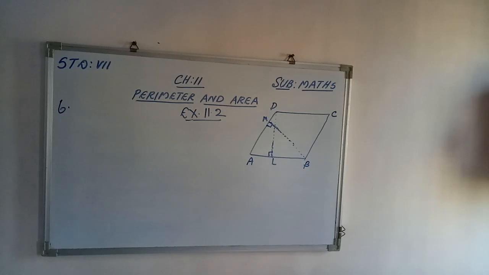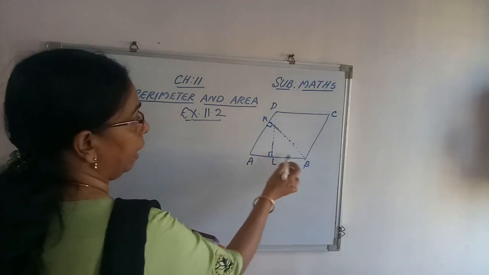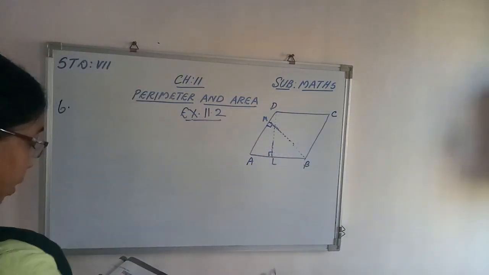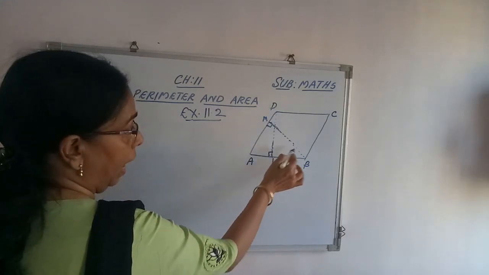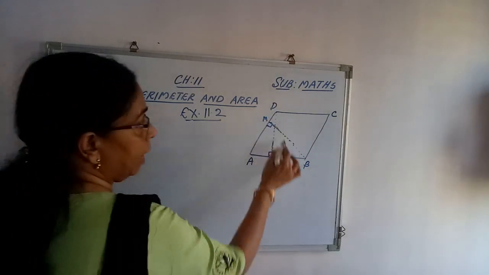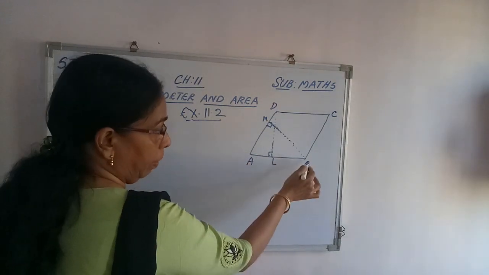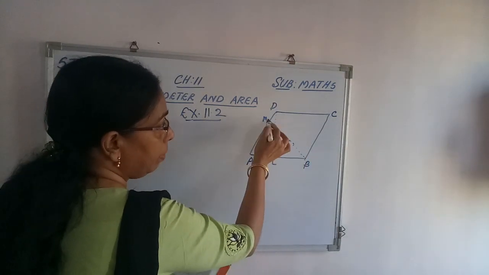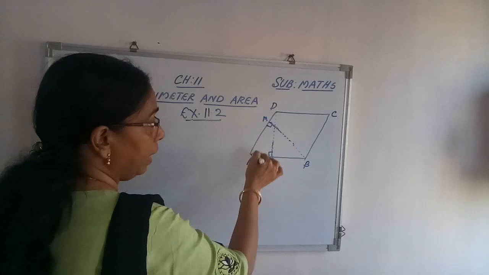Now see question 6. DL and BM are the heights on sides AB and AD respectively of parallelogram ABCD. Here I have drawn the parallelogram ABCD. DL is the height to side AB and BM is the height to side AD.